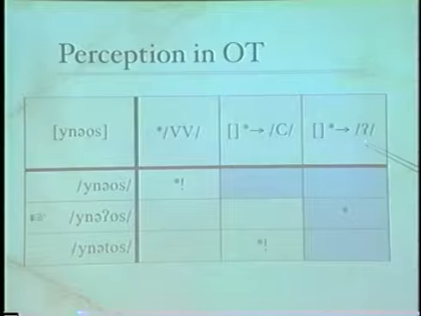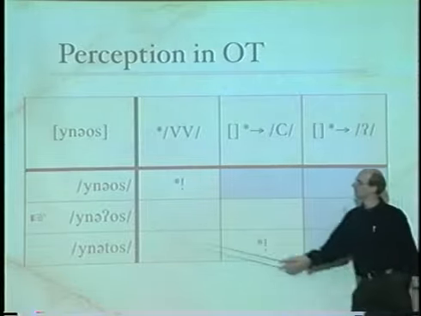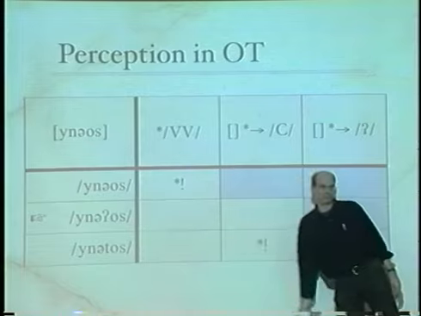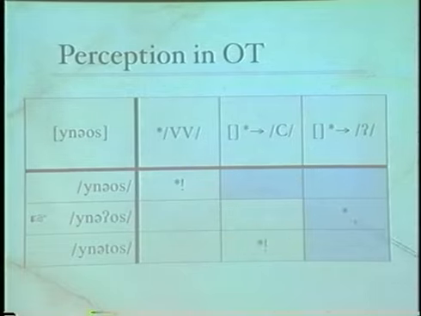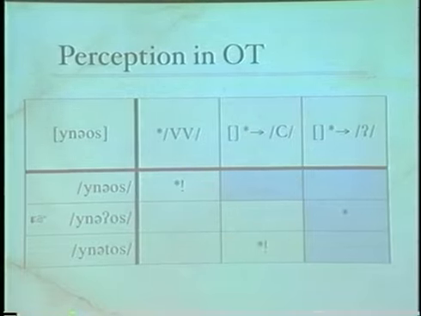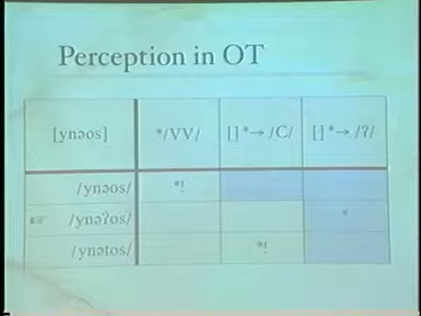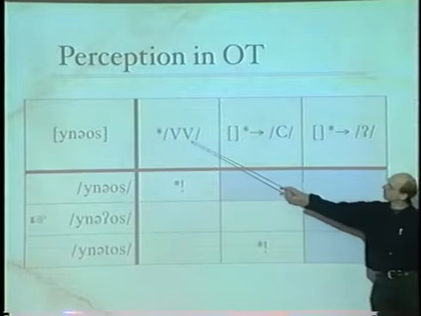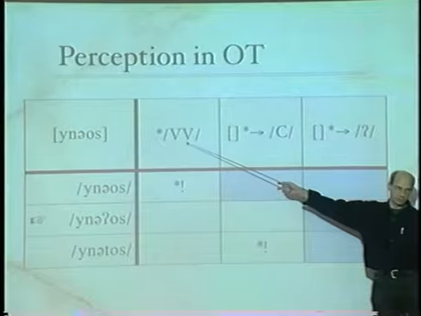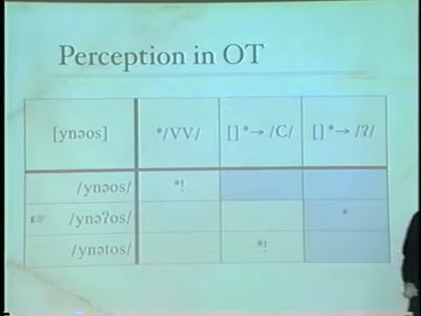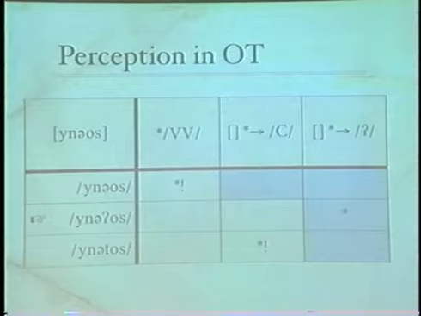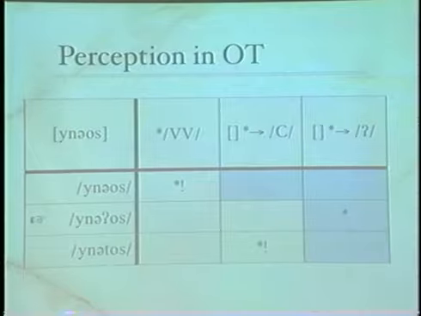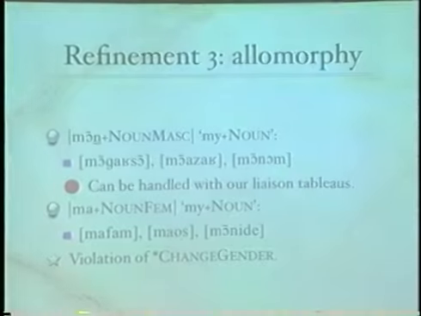Okay, so the remaining candidate is this one. This is just half of a consonant, right? And you will perceive this hiatus as that. So you can do perception in OT, yeah. And these real constraints that also could work in production, work in perception as well, as Smolensky has shown for metrical phonology.